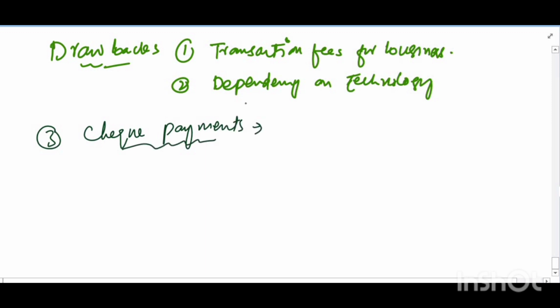In this method, checks are actually written orders to pay a specified amount from one account to another. You write some amount on the check, then you take the check and deposit it in the bank, and then you get the money. What are the advantages and disadvantages of this method? Let me talk about that a little bit.